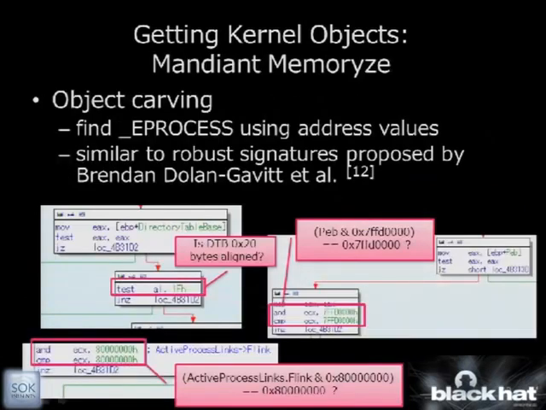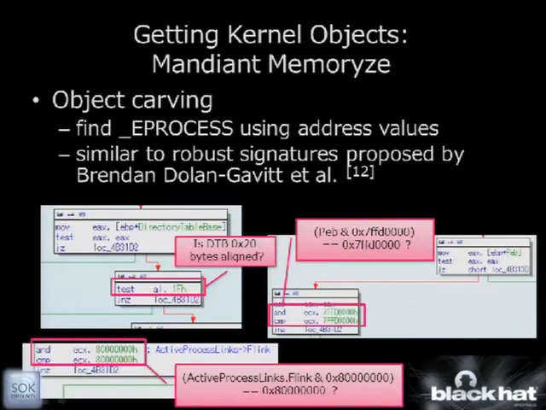On the other hand, Memorize also does object carving, but it does not depend on fixed values and strings. It finds EPROCESS based on address values. Specifically, Memorize reads data from the memory image by 4 kilobytes and validates whether values included in the data are correct as address pointer values of EPROCESS.